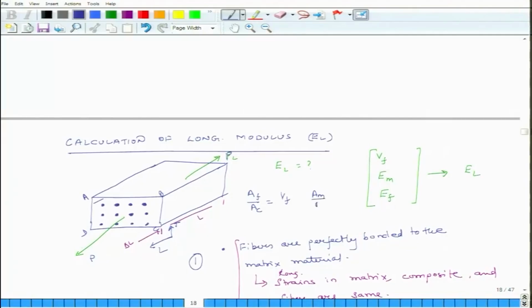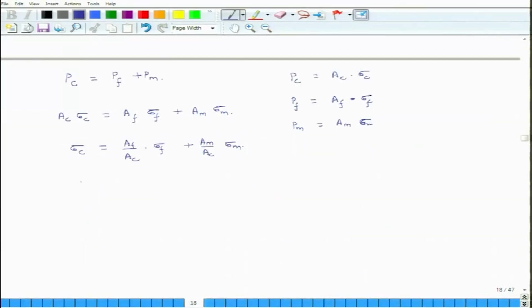AM over AC will be volume fraction of matrix. So I put these results in my equation back there. So I get sigma C is equal to Vf sigma F plus Vm sigma M. Again, I am assuming that there is not a lot of air in the system.